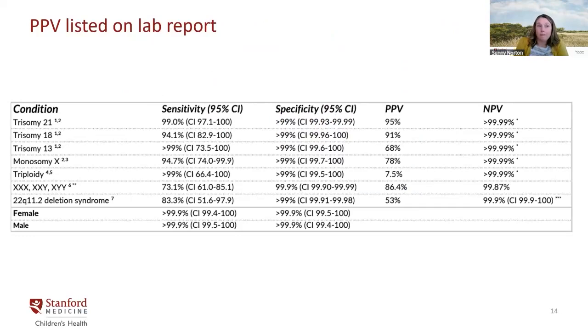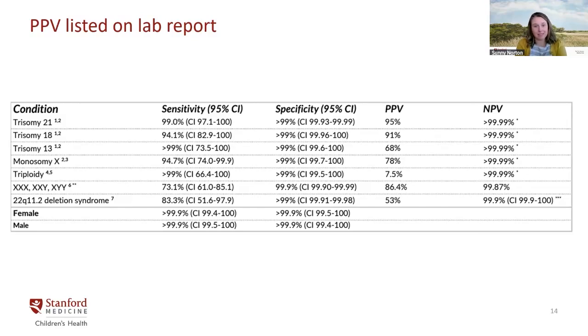Comparing this to what might be listed on a lab report, when labs report positive predictive values and they provide standard positive predictive value measurements for all conditions, they are basing that off of general population, clinical validity within their lab, and maybe large published population studies.